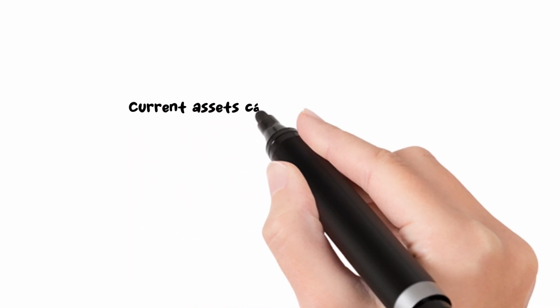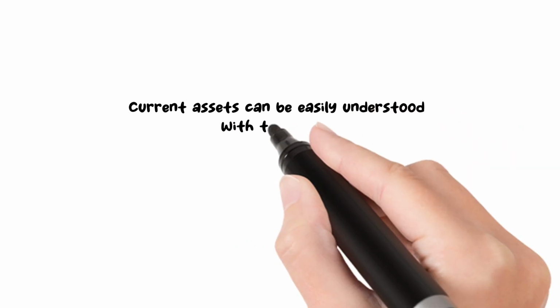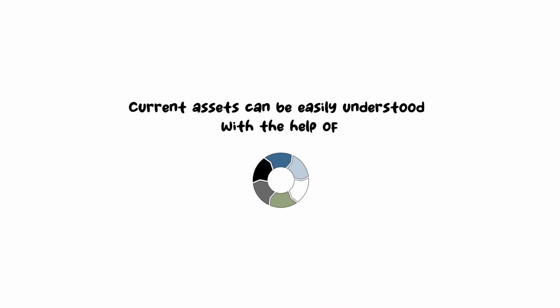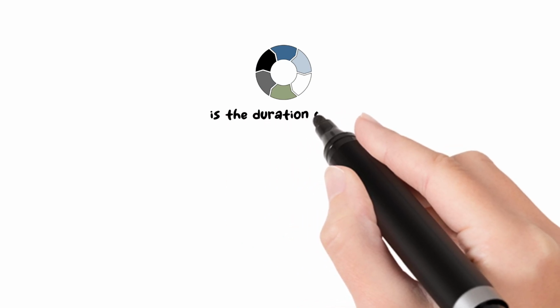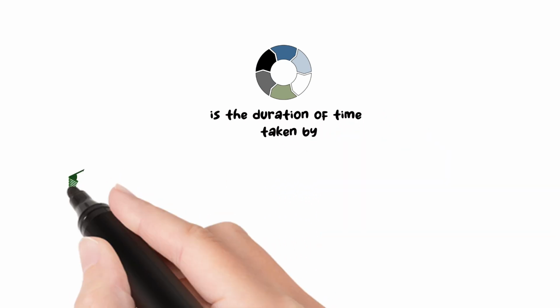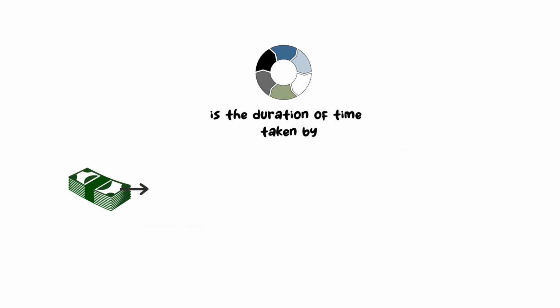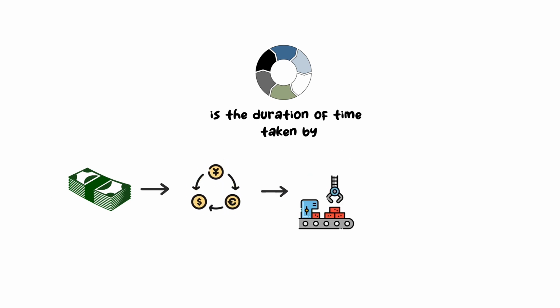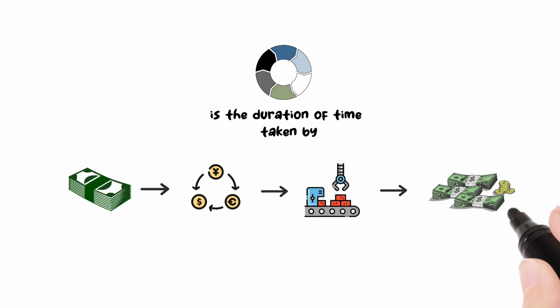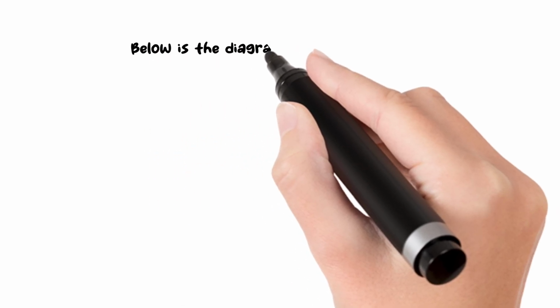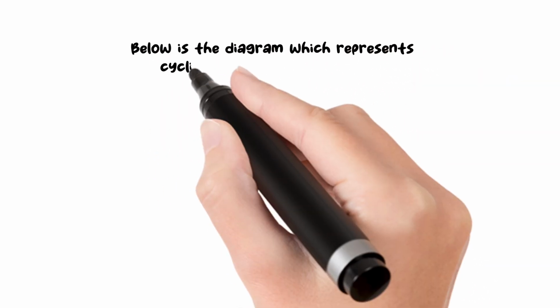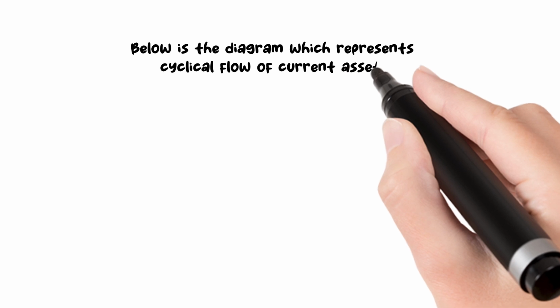Current assets can be easily understood with the help of the operating cycle. The operating cycle is the duration of time taken by a unit of cash to circulate through the business operations and return back as cash. Below is the diagram which represents the cyclical flow of current assets.